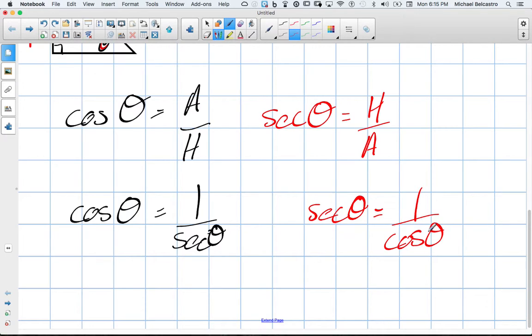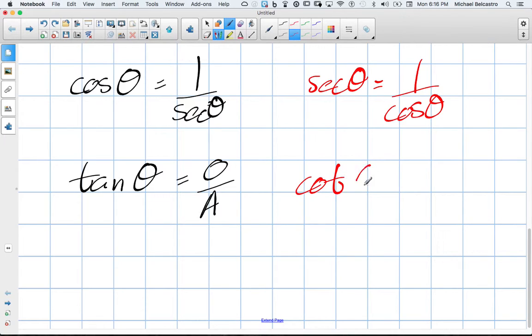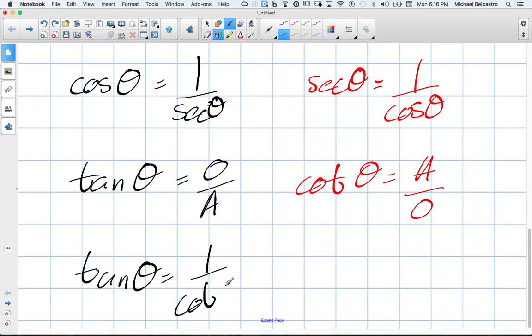That's a way of showing equality between them. And finally, same idea, tangent. Tangent theta is opposite over adjacent, which means cotangent theta is adjacent over the opposite. To show they're equal, tan theta is 1 over cotangent, and cotangent theta is equal to 1 over tangent.